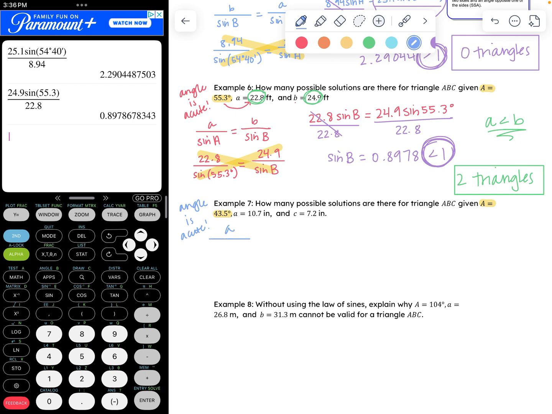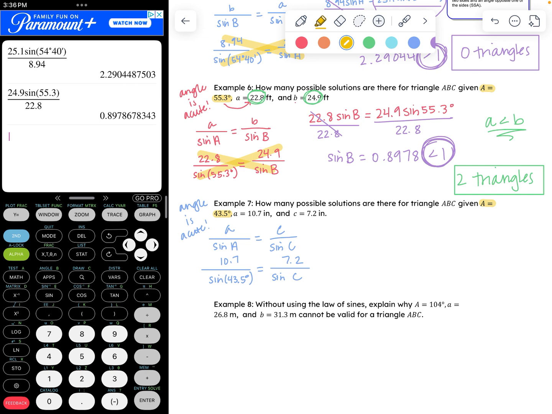So A over sine of A is equal to C over sine of C. So A is 10.7 over the sine of 43.5 degrees, and C is 7.2 over the sine of C.